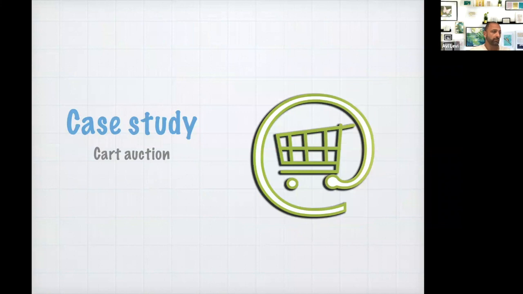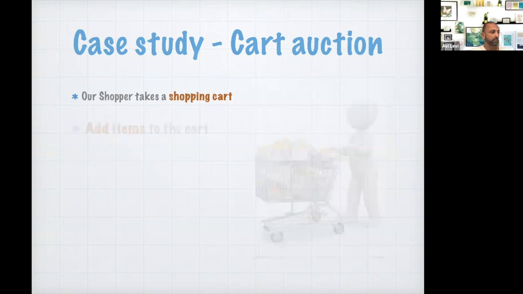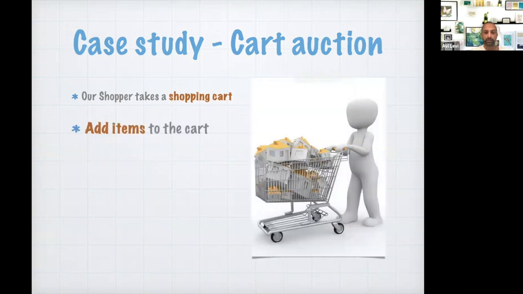Okay, so let's take, for example, a case study, and we'll take a look at it again and again during this presentation. For example, a cart auction. We have our shopper that takes a shopping cart, and he starts filling it with items.